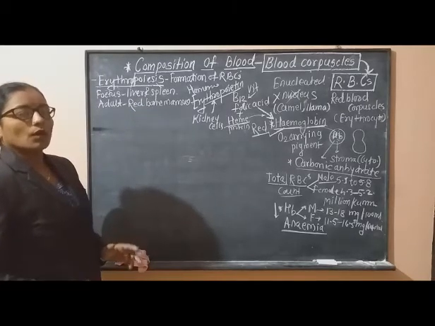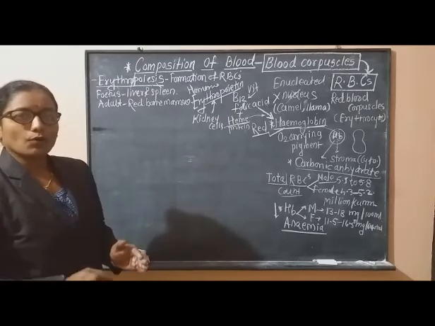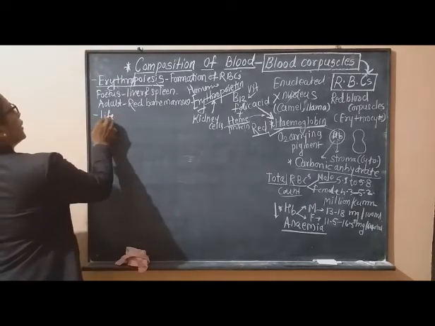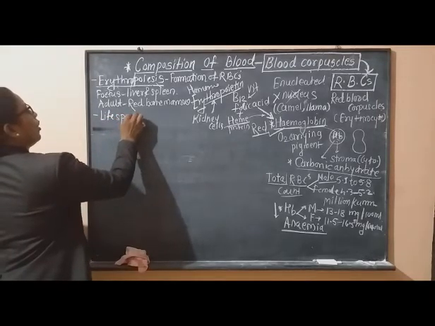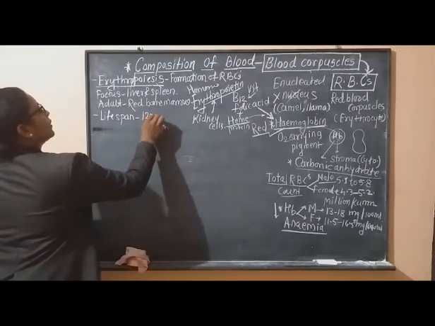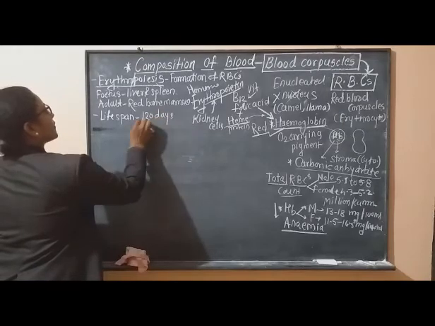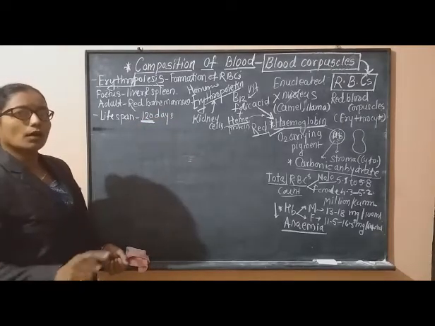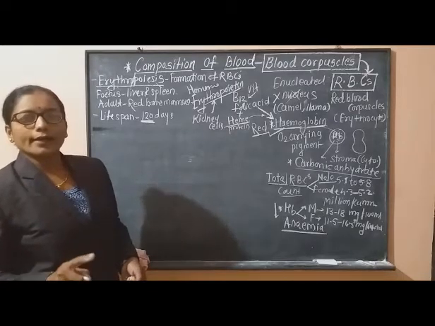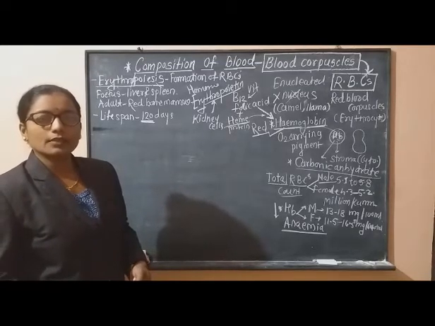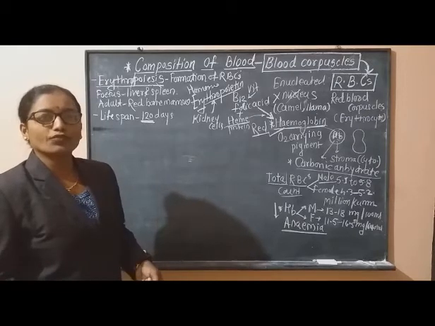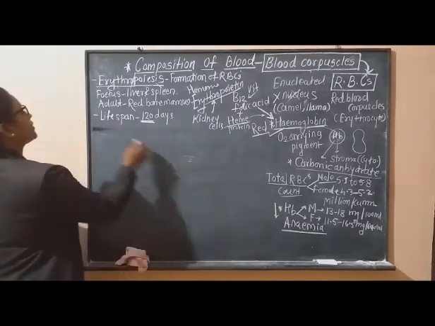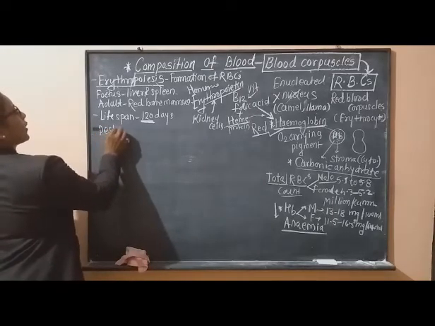Okay. Now, once the RBCs are formed, they have an average lifespan of 120 days. That is, the newly formed RBCs are functional for only 120 days, and after that they become non-functional. Such non-functional RBCs are destroyed.